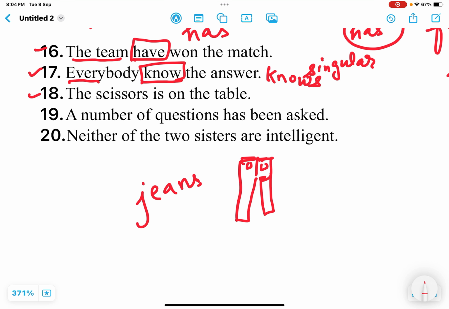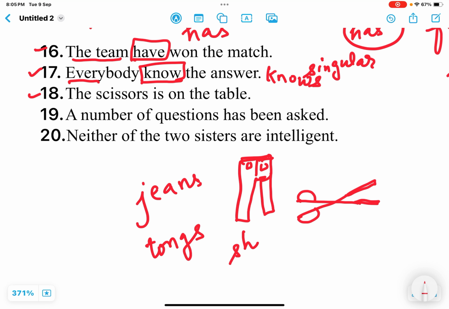So in jeans we have two legs, always two legs. Similarly, scissors. Okay, my drawing is very nice, I think, right? Similarly, we have scissors also, right? Two blades are there. In the same way, tongs, shoes, specs.